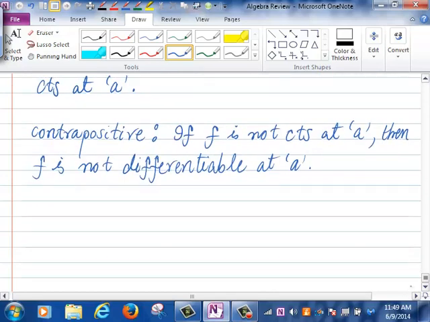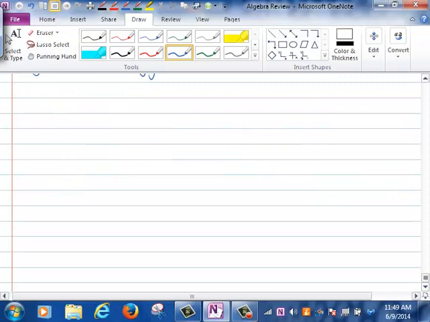All right, so we are pretty much done with the first two sections in chapter 2. So what I want to do now is look at the formulas. This is section 2.3, the derivative formulas.